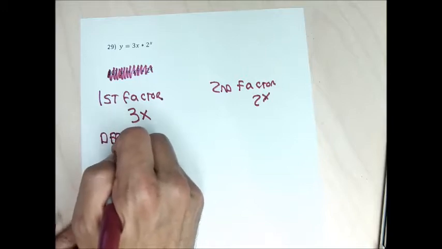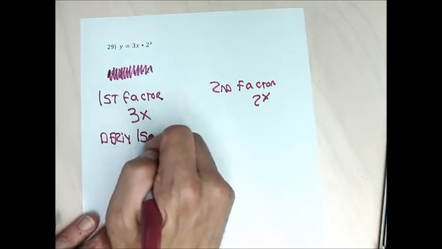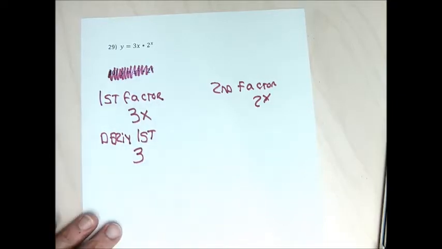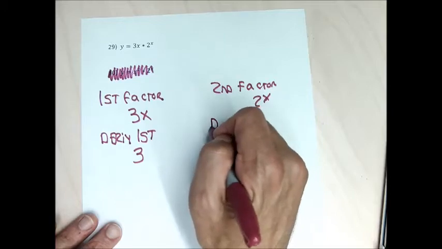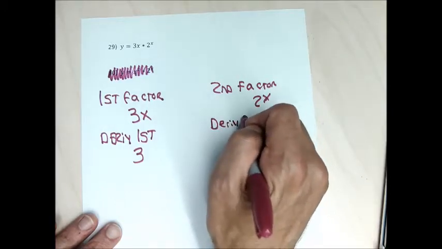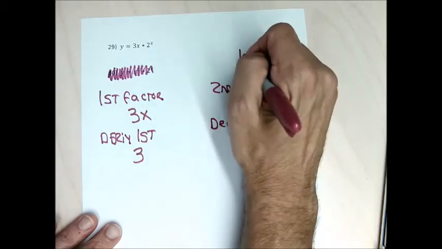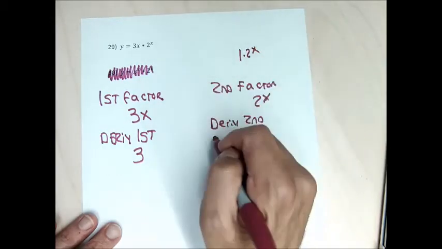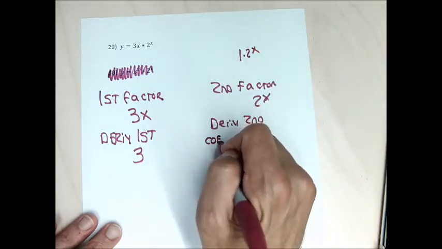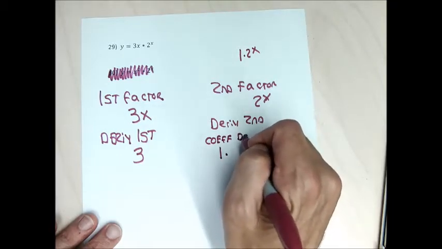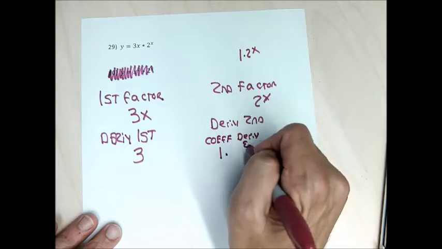I need the derivative of the first factor. It's a first power term. Its derivative is just a number in front of the letter. I need the derivative of the second factor. And for the 2 to the x, this is really 1 times 2 to the x. Its derivative is going to be the coefficient, don't need to write it when it's a 1, times the derivative of the exponent.